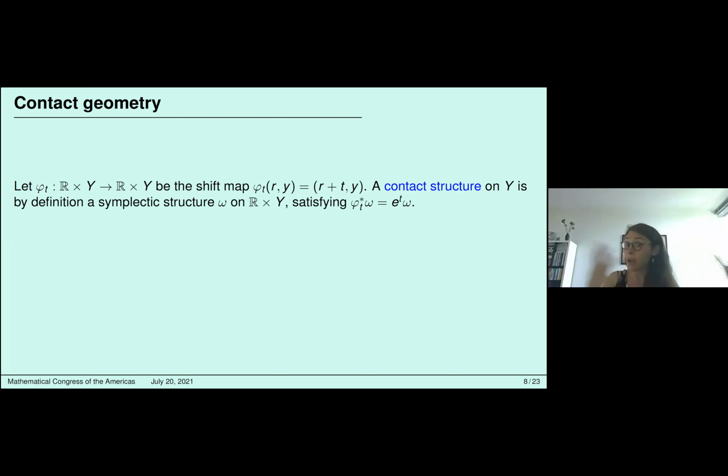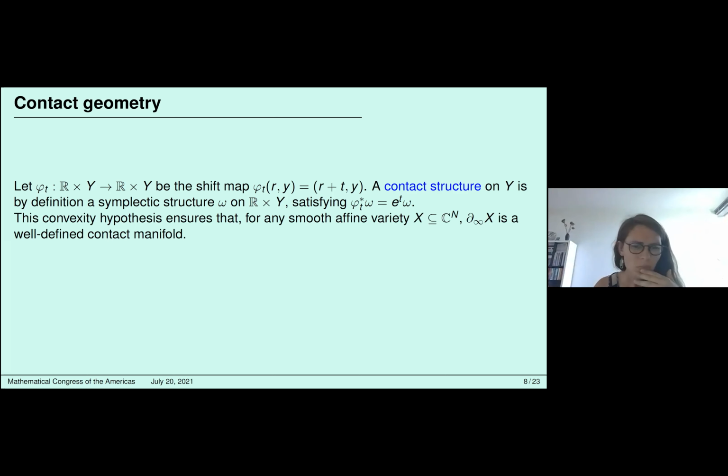There's a notion of convexity in complex analysis, and similarly there's a notion of convexity in symplectic geometry, which is captured by this exponential expanding. And so by definition, a contact structure is this equivariant structure near an infinite collar of a convex boundary.